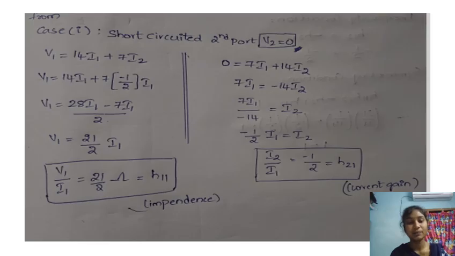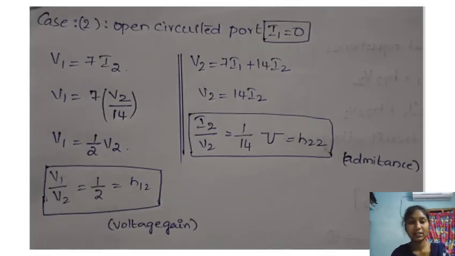V1 is equal to 21 by 2 I1. For H11, V1 by I1 is equal to 21 by 2, and the units are ohms. H11 is an impedance and H21 is a current gain. With that, case 1 is completed.